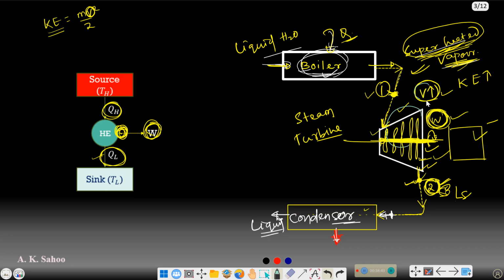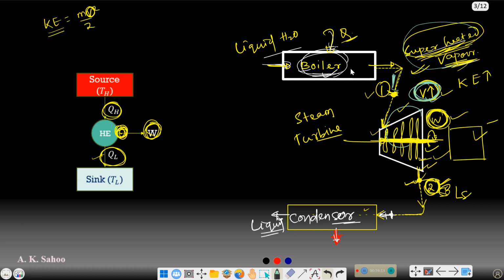In that case, we are increasing the velocity of this vapor. How can we increase the velocity? We may use a nozzle over here. Although that is not important, you can remember that there will be a nozzle. The superheated vapor will be sent to the turbine through a nozzle.